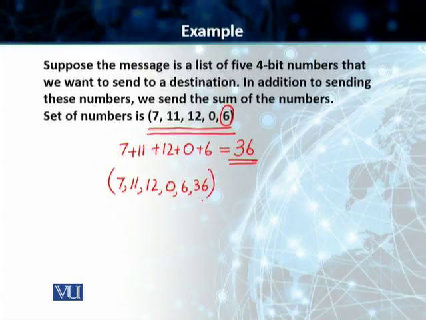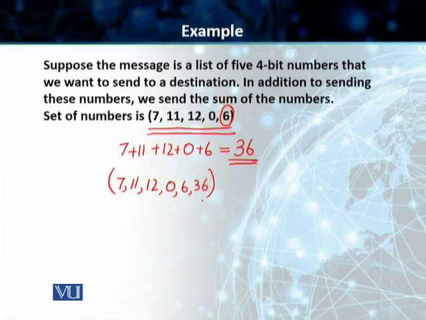This is our message appended with the checksum, where 36 is nothing but the sum of the original numbers. The receiver adds these 5 numbers and compares the result with the sum. If the two are the same, the receiver assumes there is no error and accepts the data. If they are not the same, it discards it.